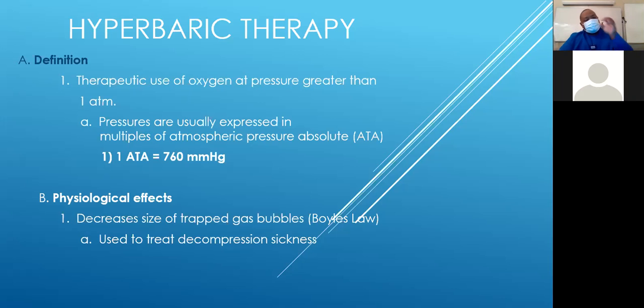So if we are at 3 atmospheres, then what is the pressure of oxygen at that time? What is the pressure of oxygen at 3 atmospheres? 2280. How much? 478. So oxygen at 3 atmospheres is 478 millimeters of mercury.